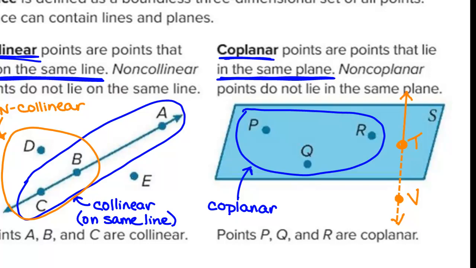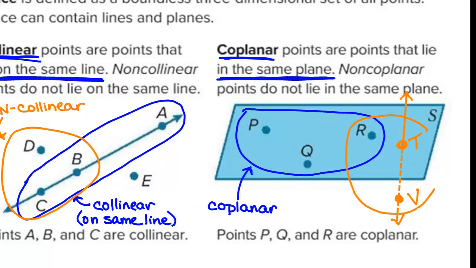T is on this green folder also. But V is down here somewhere. So all of the dots that are on the blue flat surface are on here. V is not on the folder, it's down here. So that would be non-coplanar because it's not on the same flat surface as the other points.